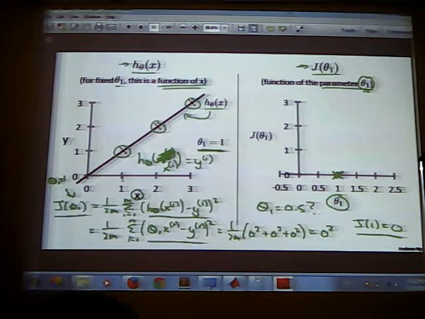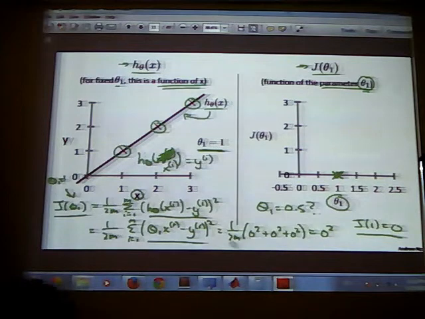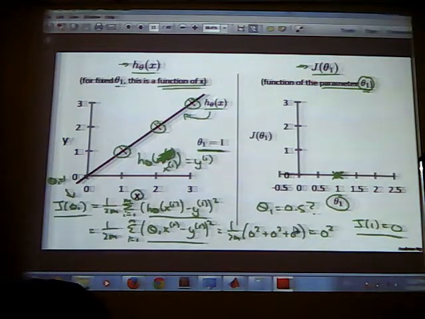If we square it, because the summation was there, we will get 0 square plus 0 square plus 0 square. So finally we will get a 0. That means the cost function is minimum, which means our model fits the given data set well. Is this calculation clear to all of you, or should I do it on the board? Okay, so let's move on.